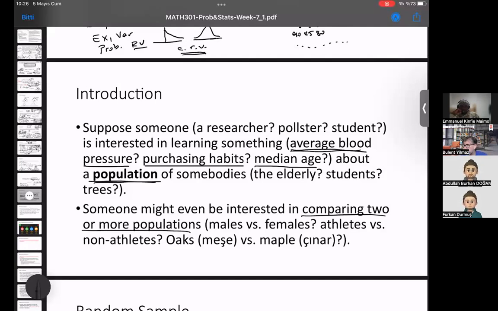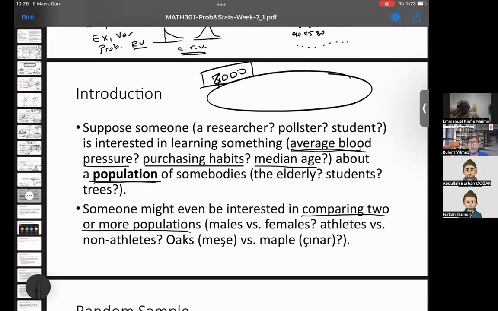Okay, this is my population. Let's say we have 3,000 or 4,000 students, and I want to find out how many hours they sleep. I will not be able to go and ask 4,000 students how many hours they sleep each night.